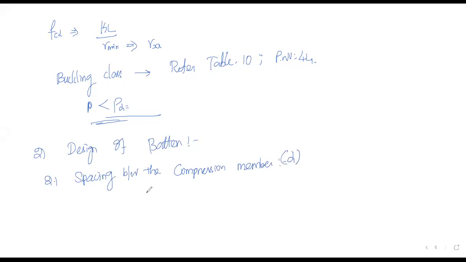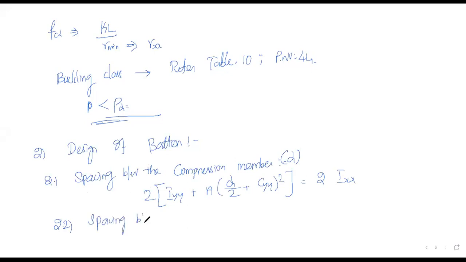Here the formula is 2 times of Iyy plus area into d by 2 plus Cyy, the whole square, is equal to 2 into Ixx. Next, spacing between the two battens, that is C, that we have to calculate.